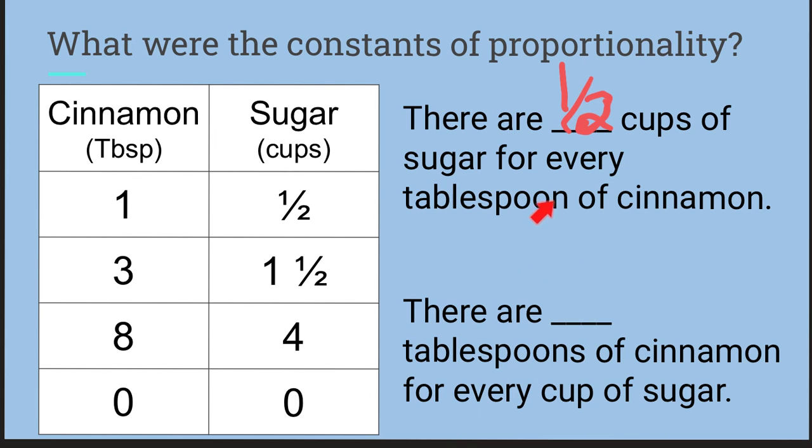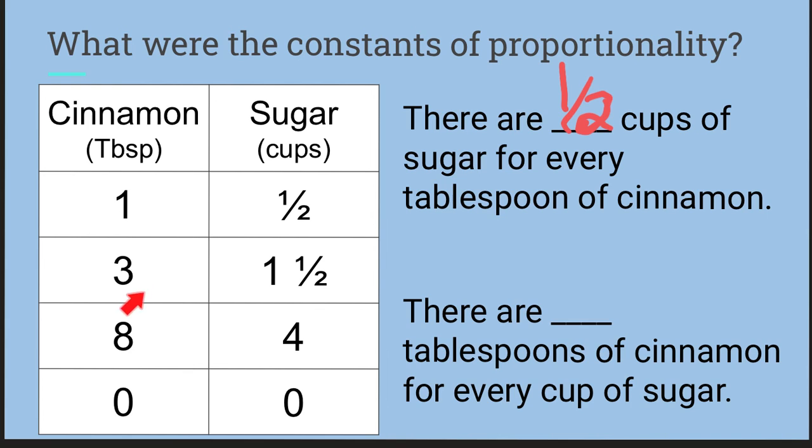So fill your notes in, but there is 1/2 cup of sugar for every tablespoon of cinnamon. This is a unit rate because we're finding out how much sugar for one cinnamon.